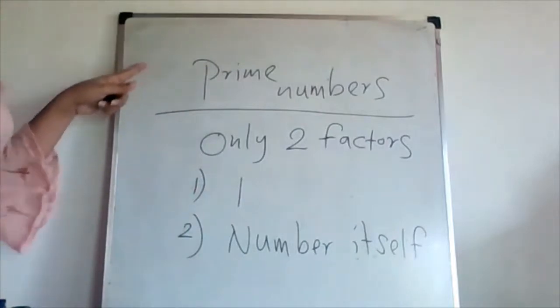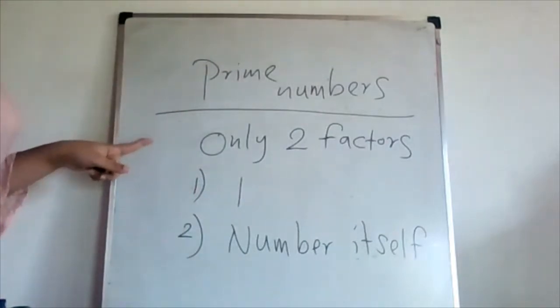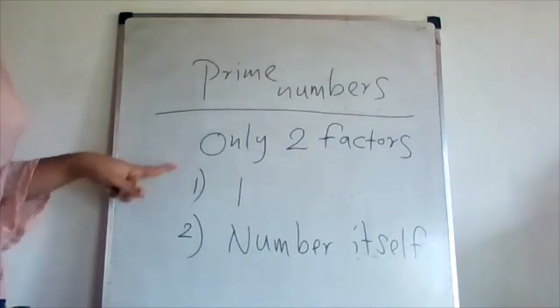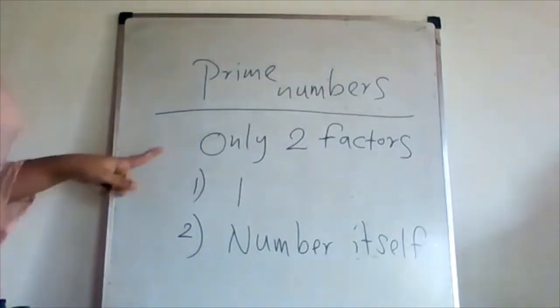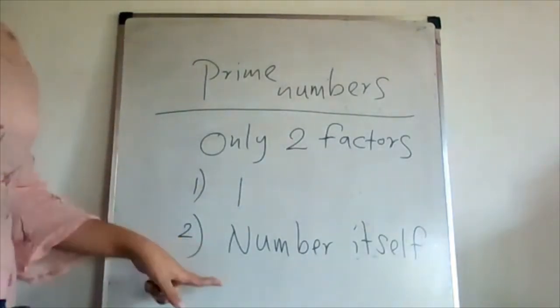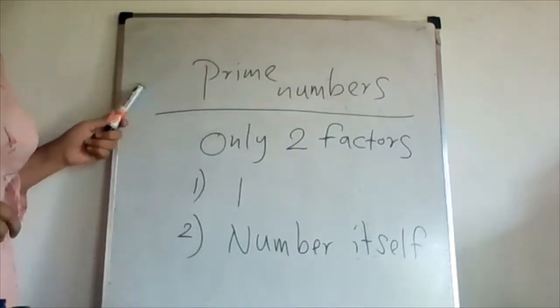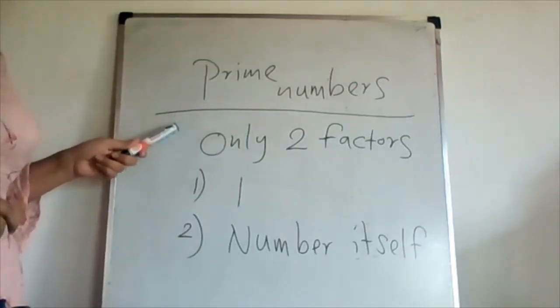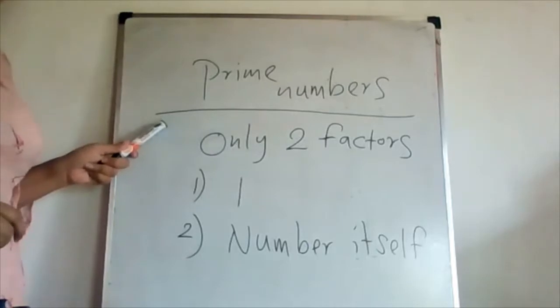So if a number is prime, it always has only two factors: one is 1 and the other is the number itself. If a number has more than two factors, it is not a prime number.